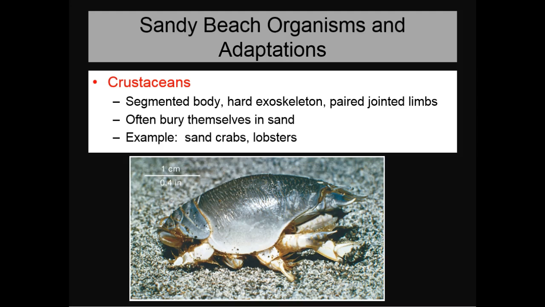Usually these are organisms that are going to molt as they grow, losing their outer shell, having a dangerous soft time when they're very vulnerable to drying out and to predators. But crustaceans can get quite large if they're not hunted. They do often bury themselves in sand. You usually find them in the shallower water during certain parts of the year, and then in the deeper water for the winter.